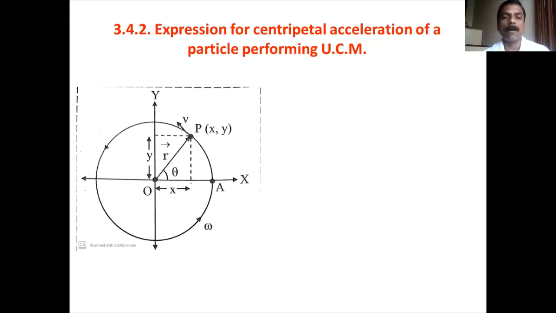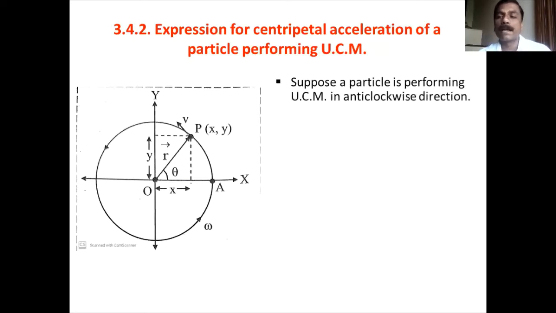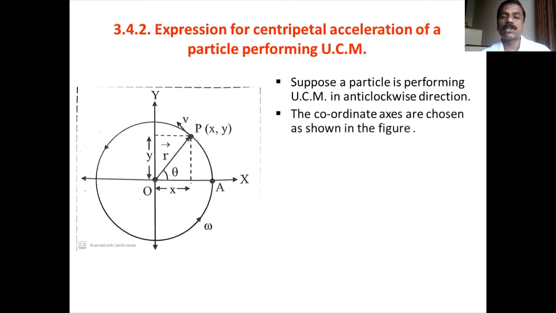The position of the particle is taken at point P. The particle is performing uniform circular motion in the anti-clockwise direction, and the coordinate axes are chosen as shown in the figure, with the center at the intersection of the two coordinate axes.